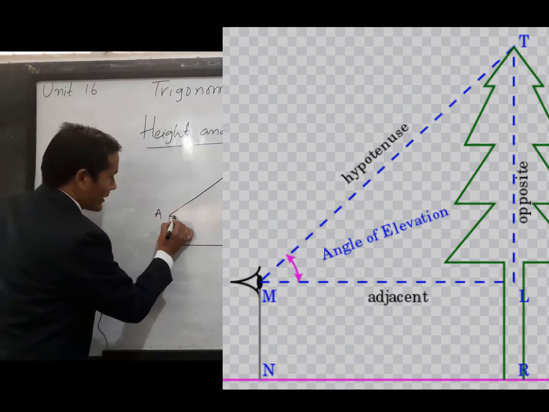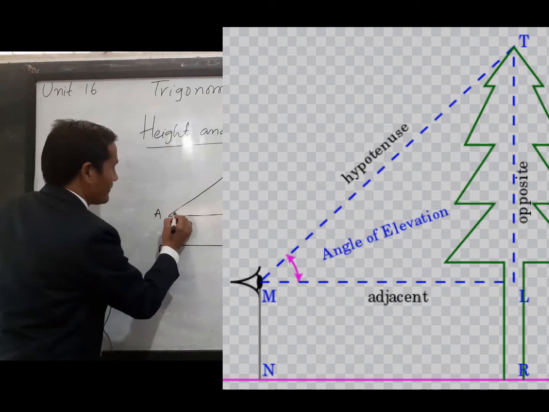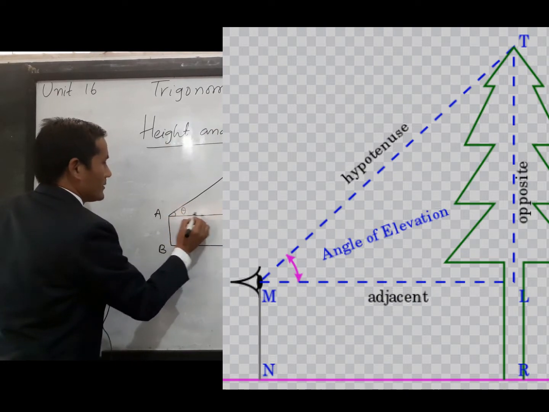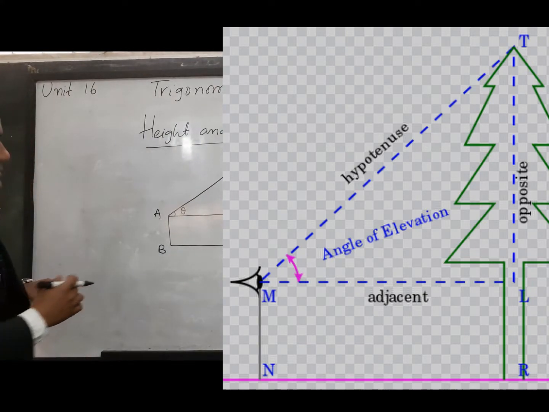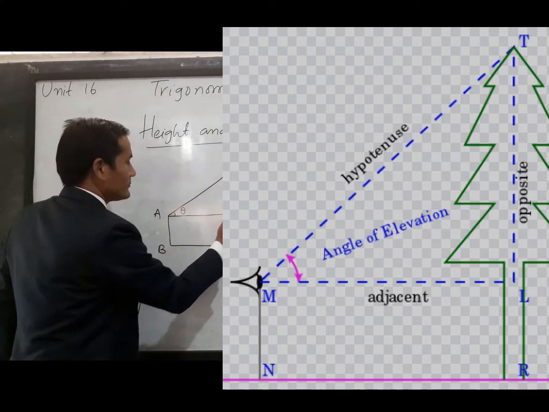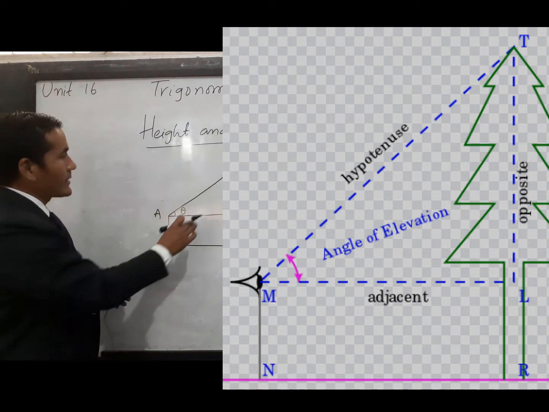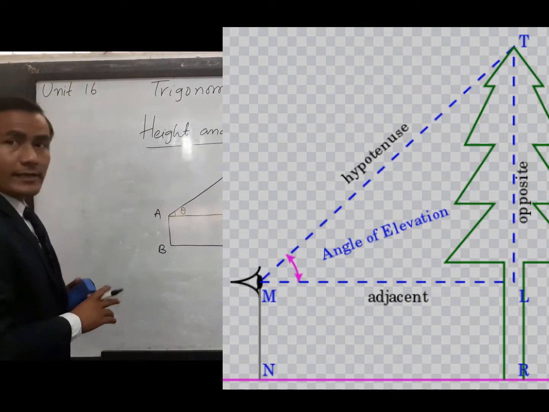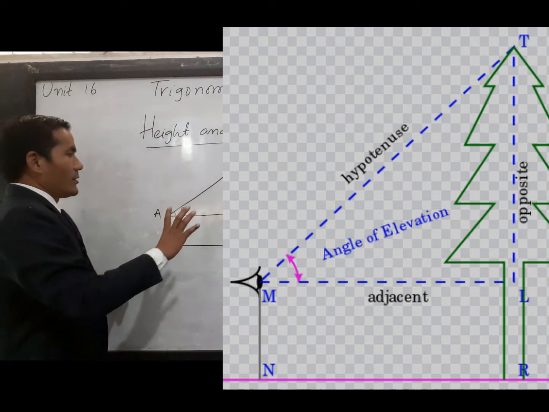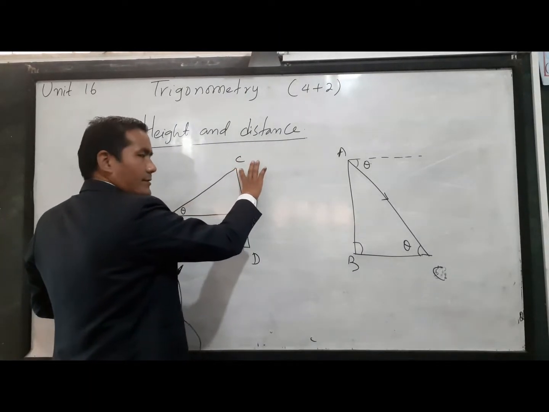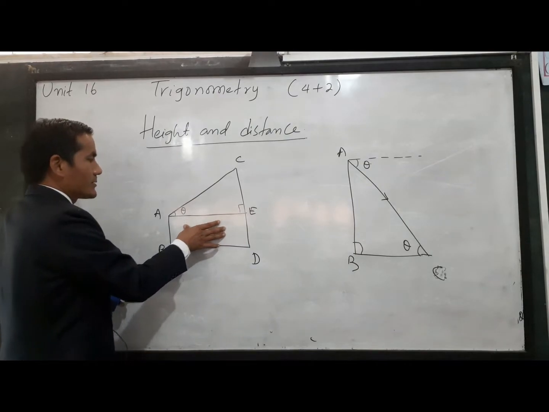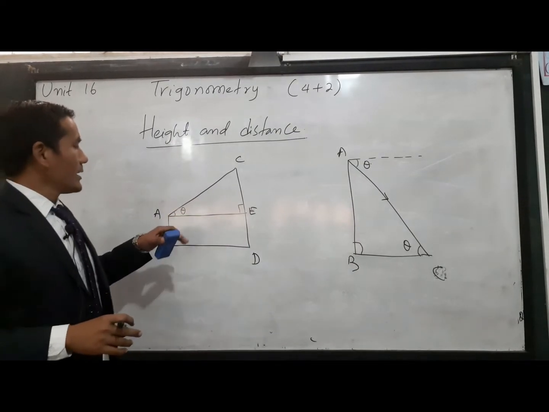From here the angle of elevation theta will be formed. In this case we consider a right angle triangle, and in a right angle triangle we can find the height, sometimes the distance, and sometimes the angle.